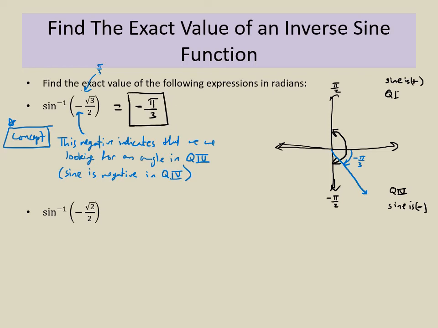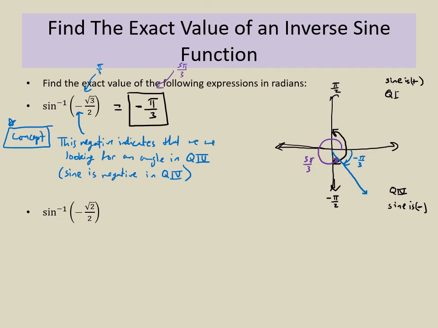Now, please be aware that you may also say, hey, isn't that the same angle as 5 pi over 3? So couldn't I just say that the inverse sine of negative square root 3 over 2 is 5 pi over 3, or do I have to say negative pi over 3? It's the same angle. What do you guys think?